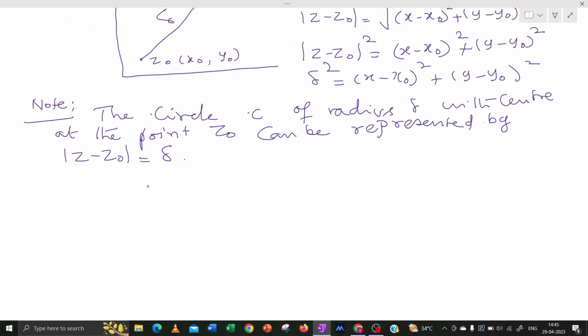So mod z minus z naught equal to delta is the equation of the circle with the center z naught and with the radius delta. Z may be anywhere on that circle.